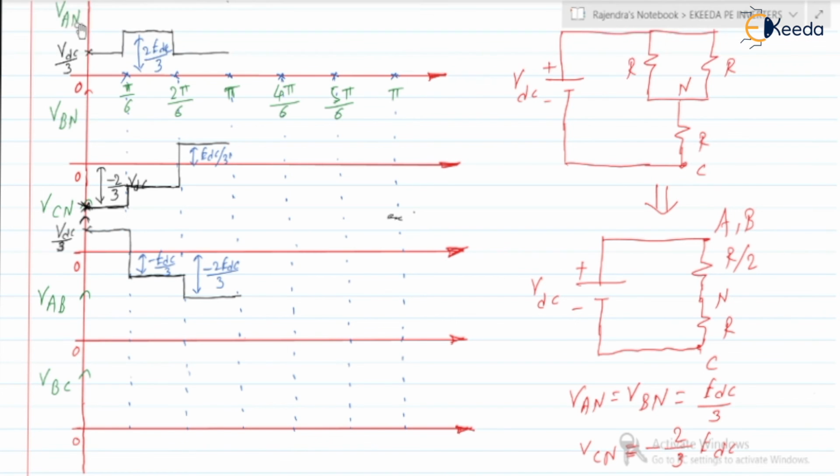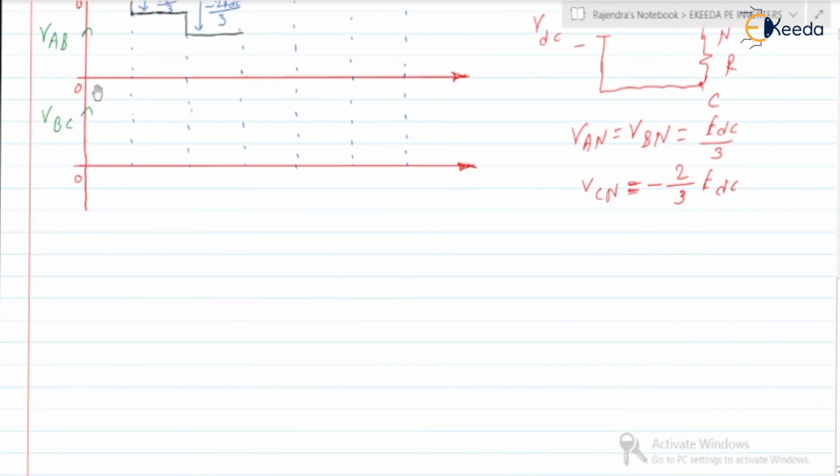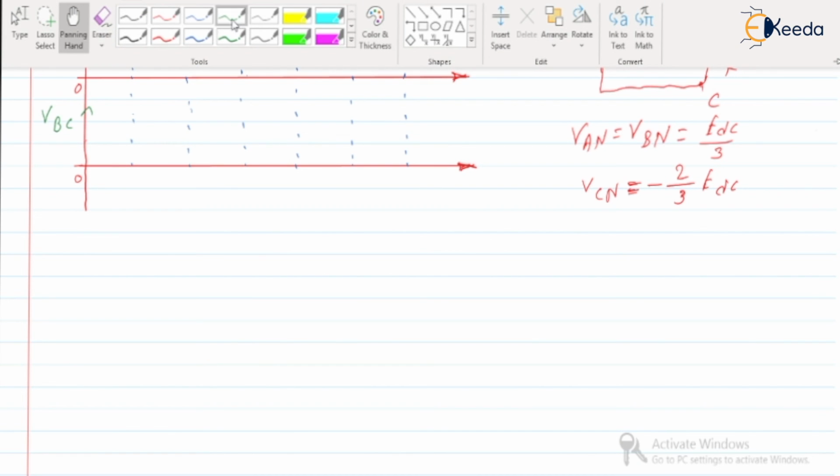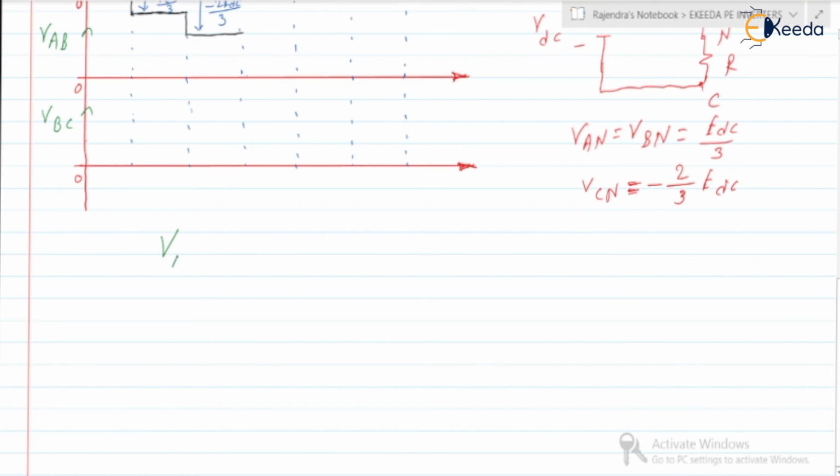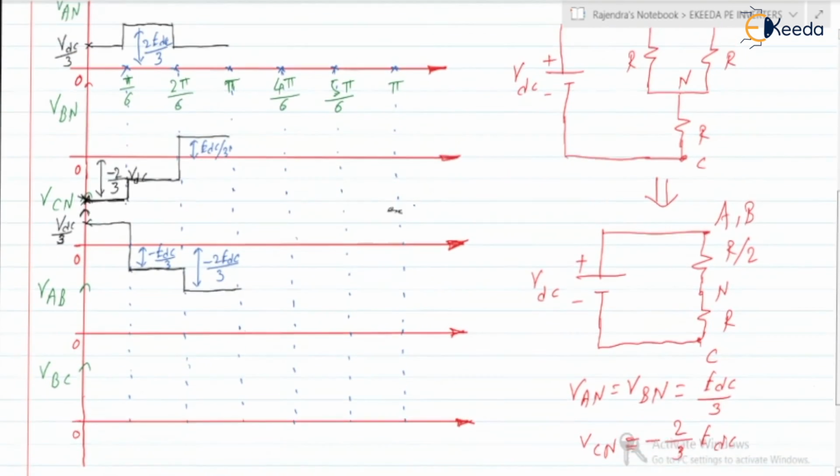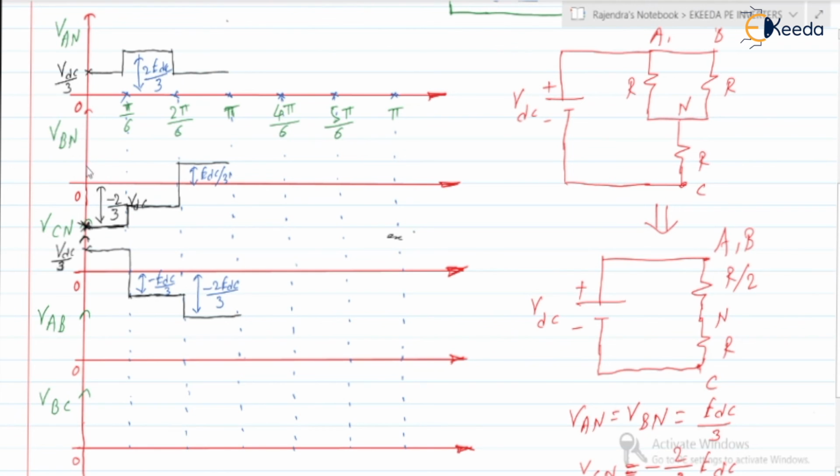I'm writing here VAB is equal to VAN minus VBN, right? And VBC is VBN minus VCN.